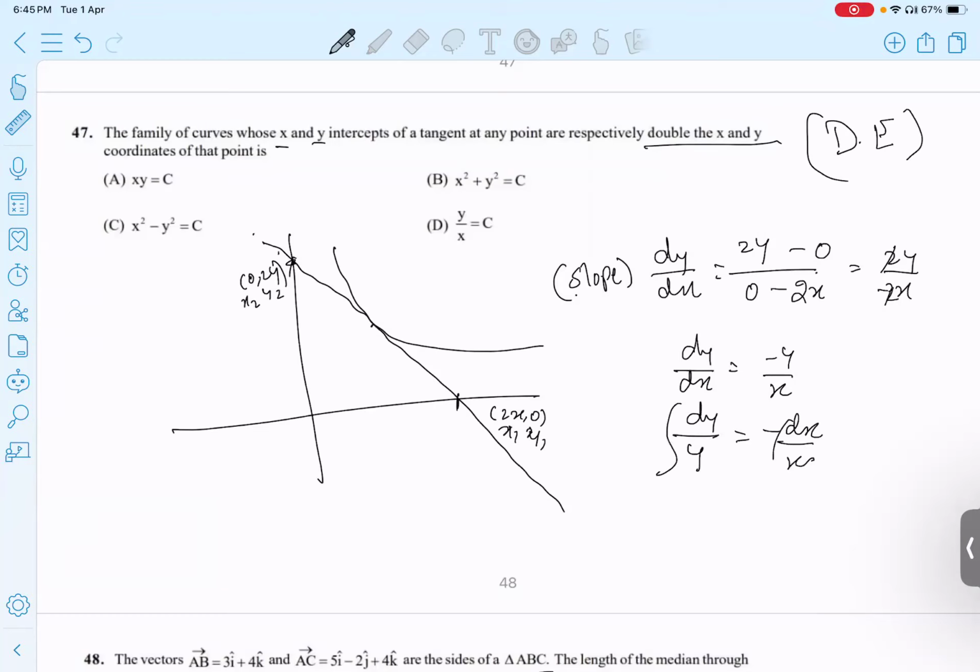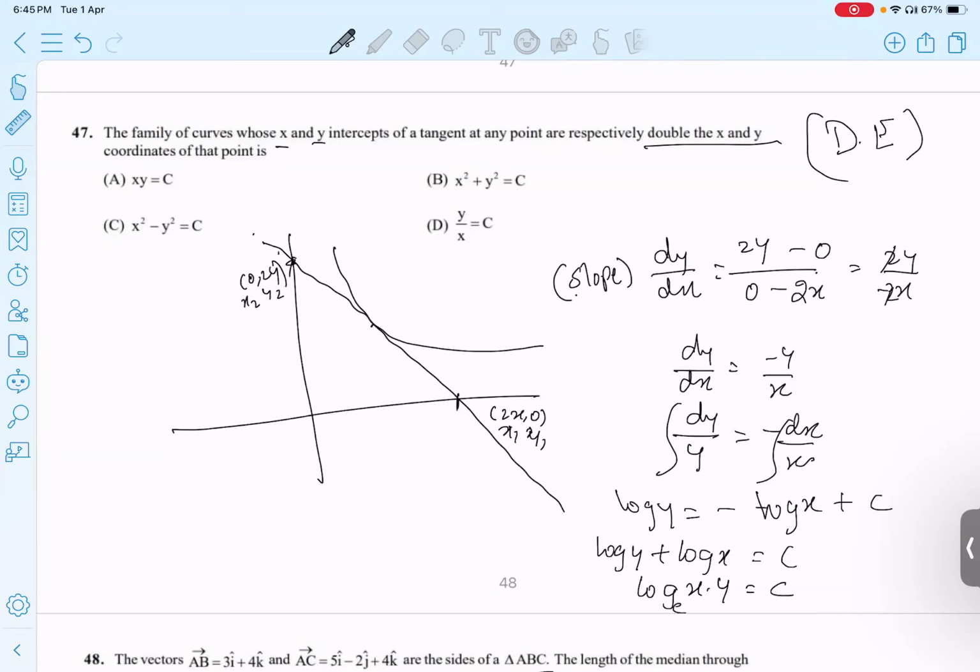If I integrate on both sides, we know the integral of 1 by y will be log y, minus the integral of 1 by x, which is log x, plus the constant c. If I shift this minus to the other side, we'll get log y plus log x equal to c. Log m plus log n is log m into n. So log of x into y will be equal to a constant.